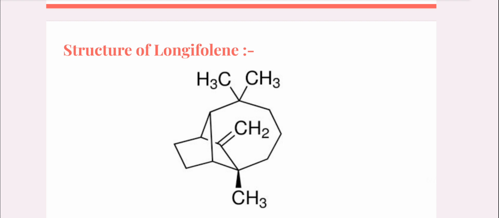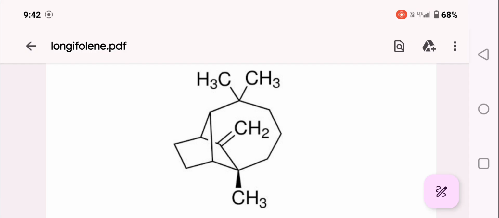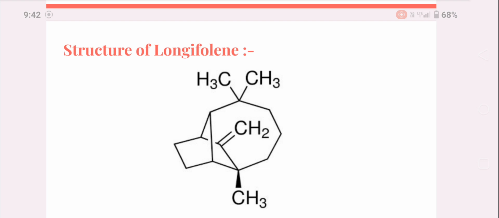While using protecting groups and synthetic equivalent groups, we can achieve selective conversion in the presence of multiple functional groups. So that is the general introduction of the longifolene molecule. Now we will see an actual synthesis of the longifolene molecule using various ways.